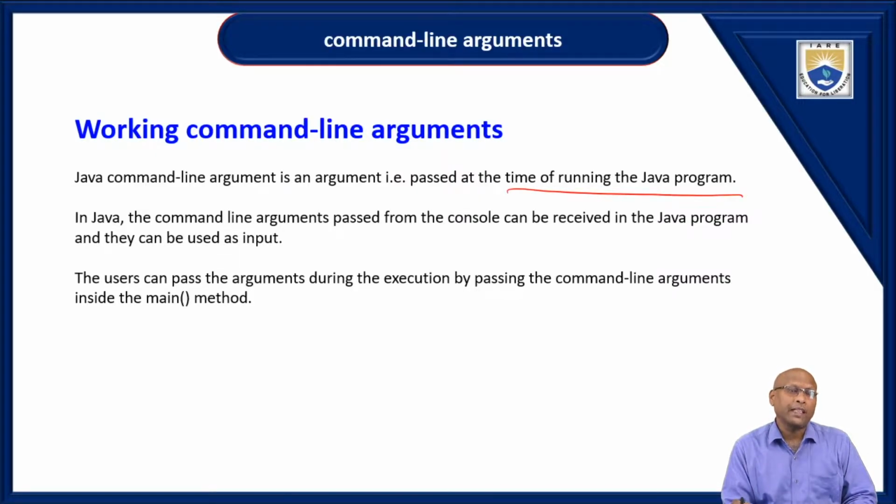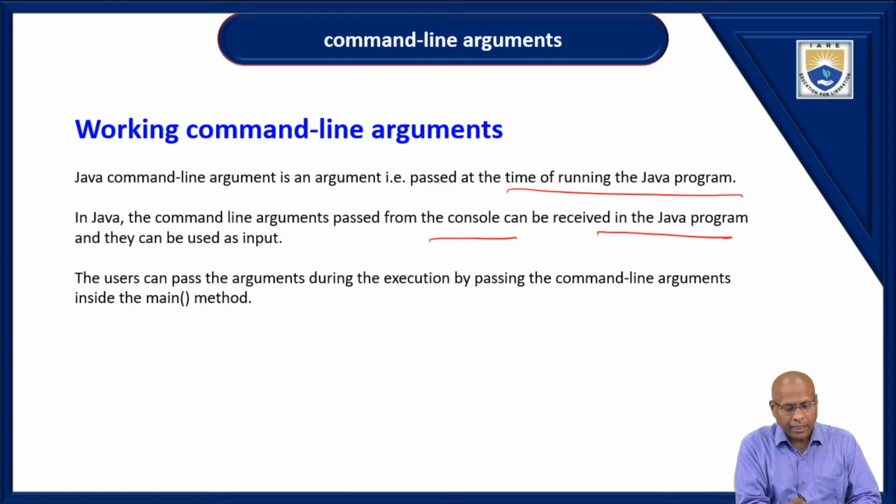Whatever input you are going to use for your program, you have to give at the beginning stage itself, not in the middle. Command line arguments passed from the console can be received in the Java program and used as input.